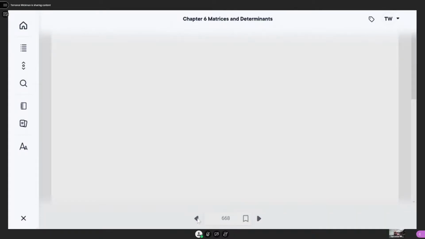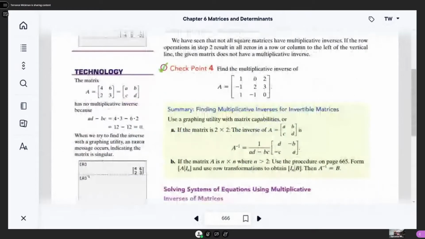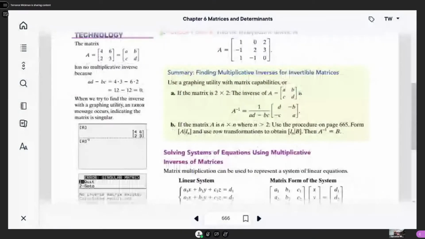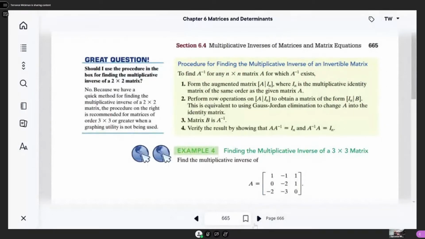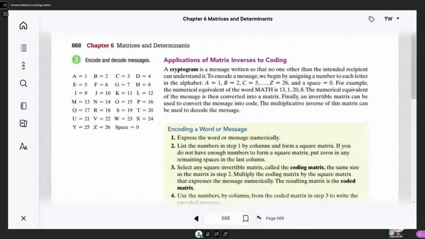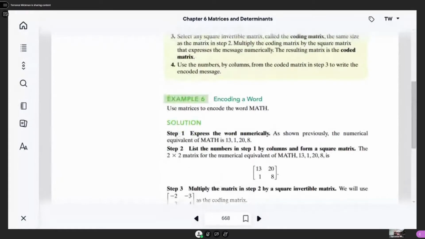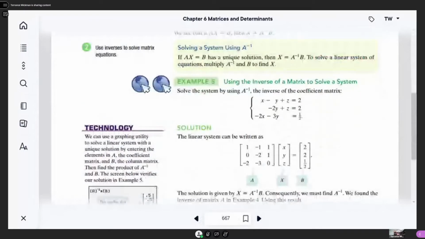Okay, so let's look at this problem. 6.4. Let me get to that problem number 5. Here it is.